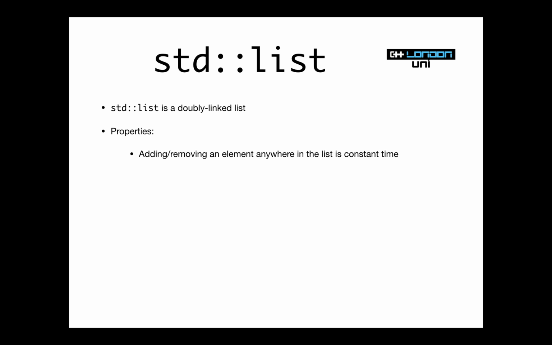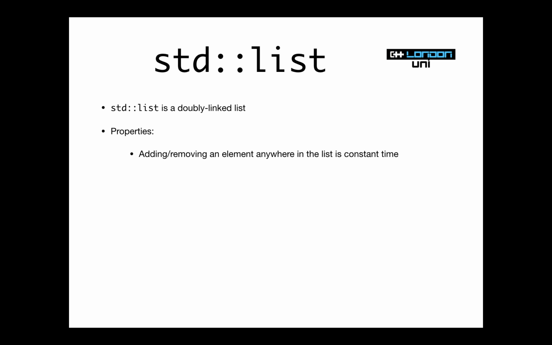For a vector, adding a new element on the end of the array is a constant time operation. It's fast. Constant time is fast. Now think about it. We've got a row of terrace houses. All we have to do is build a new house on the end of our terrace. If we want to insert a new house in the middle of our terrace, that's a lot more difficult.